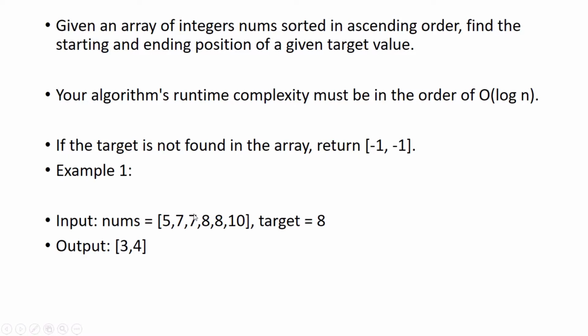If your middle gives you 5, that tells you that you're already at the solution area where your target is, if your target is 5. So you discover that you're already at that solution area. So you just need to check behind and in front to be able to capture your starting and your ending index.